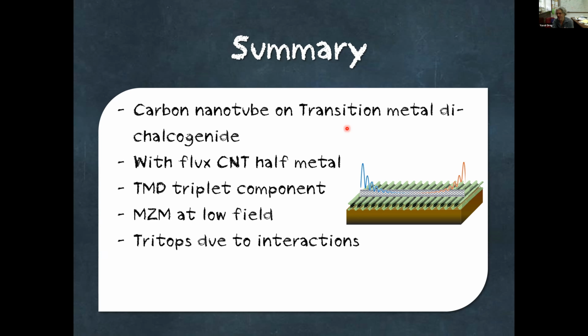For an armchair, all this story doesn't work because they don't respond to the flux in the same way. But we didn't study the orientation yet. The way we treat this TMD is just to put the delta in. In our simulation, we just put a delta parameter, a pairing parameter, which we assume is induced by the TMD. I think it will be very interesting to study the orientation.